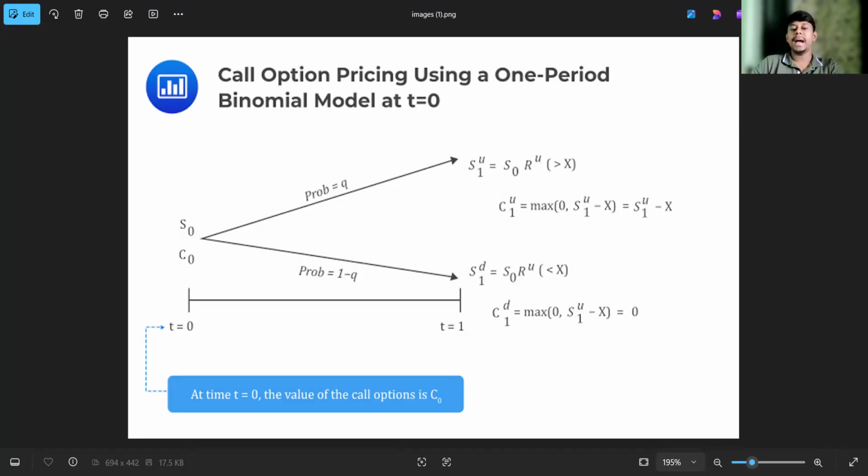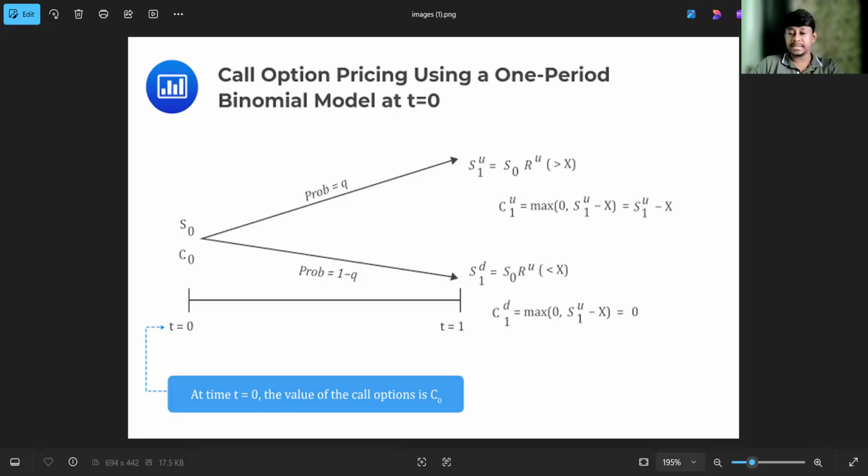Reason one, it handles early exercise. Some options called American options can be exercised at any time before expiration, not just at the end. A tree lets you check at every single node whether exercising early is worth more than holding on. A single formula can't easily do that. A tree naturally can. Reason two, it's intuitive and flexible.